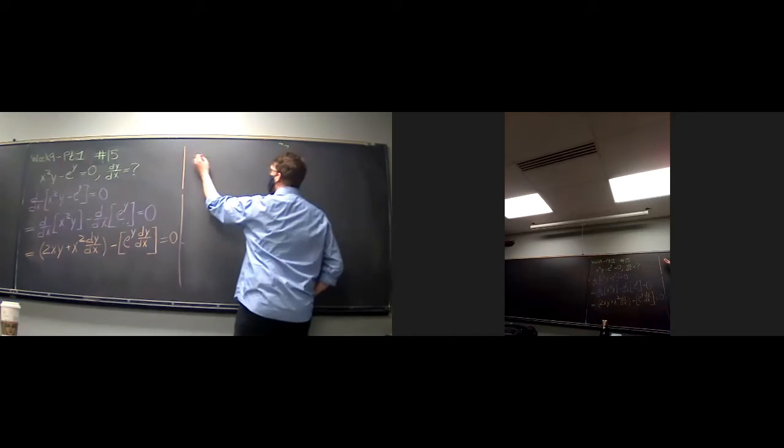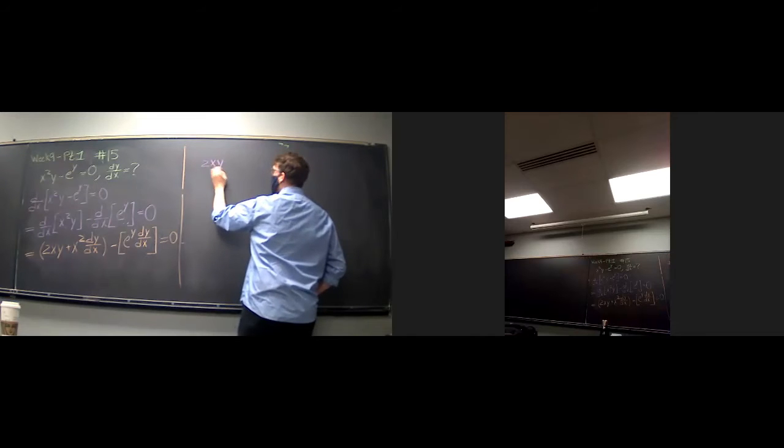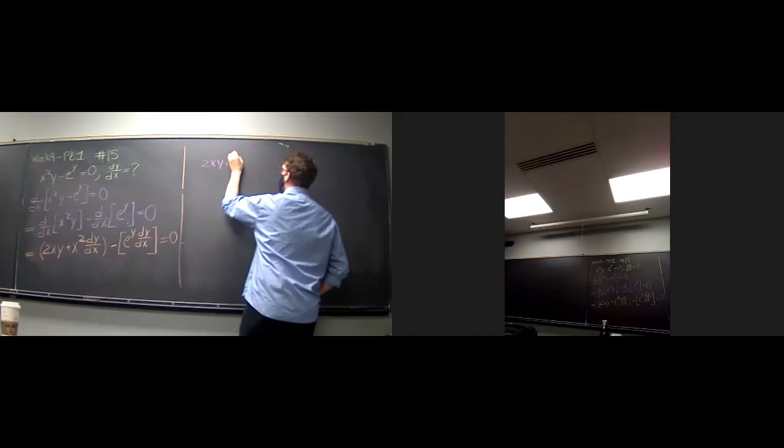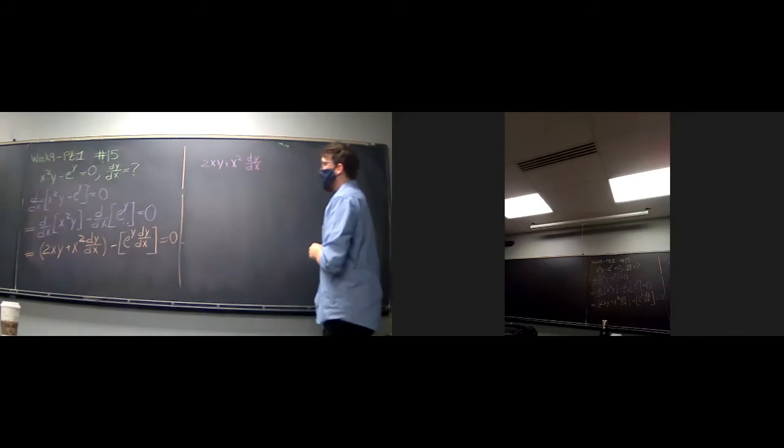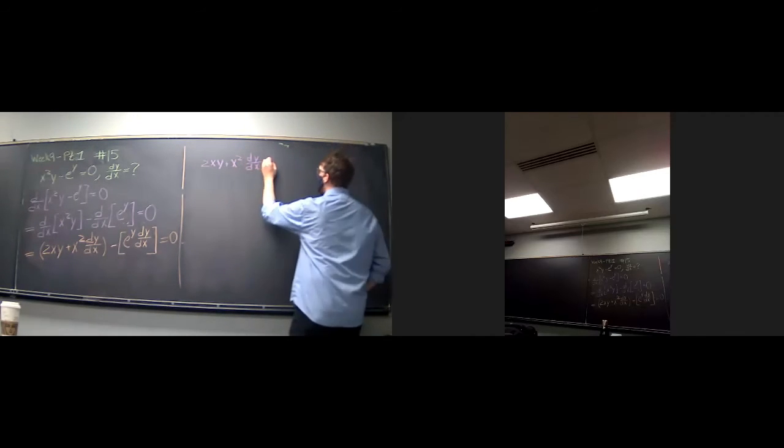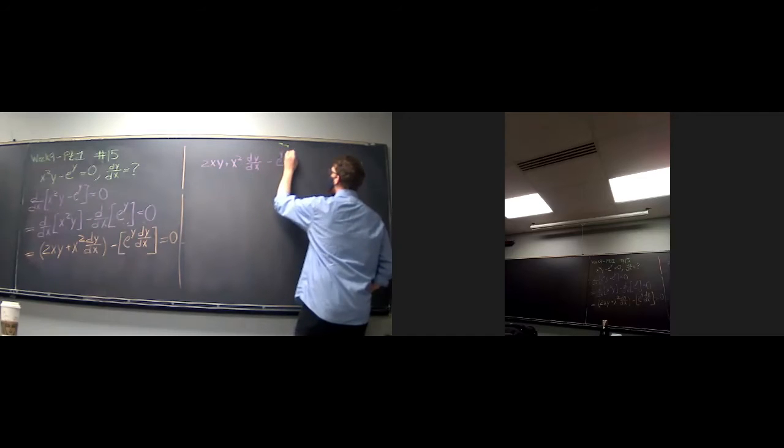Rewriting all of it, we've got 2xy plus x squared dy dx minus e to the y dy dx is equal to 0.